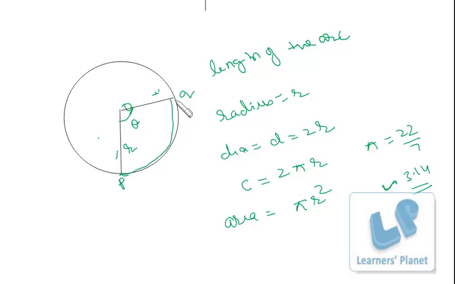Here this is minor arc and remaining is the major arc. So this arc is a part of circumference, right? And the differentiating item will be this theta, this angle precisely, right? So the total length of the circumference is 2 pi r. Out of this, theta portion out of 360 will give you the length of this arc, right?